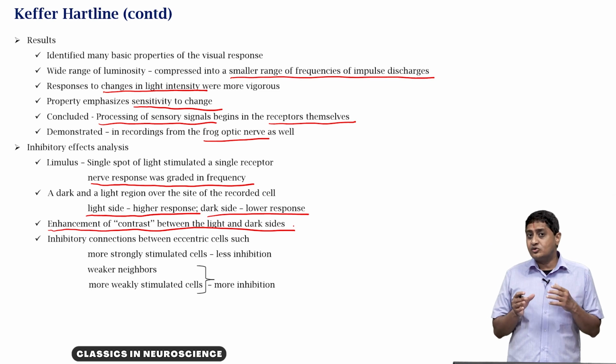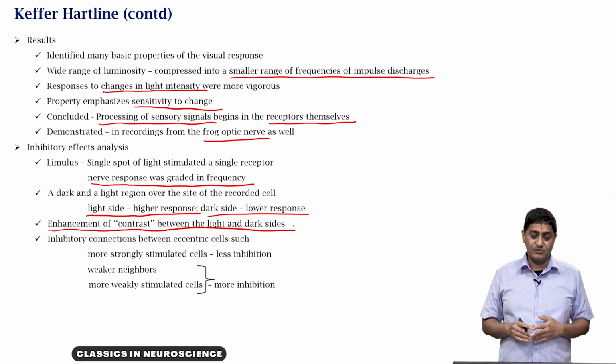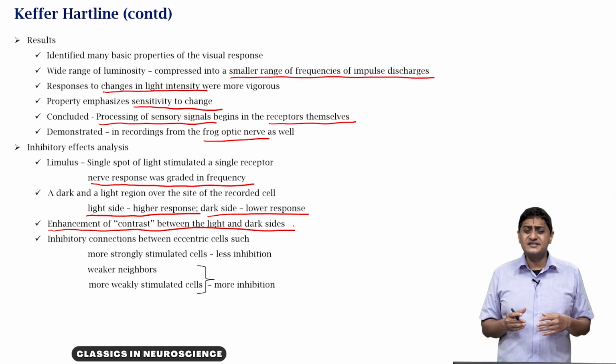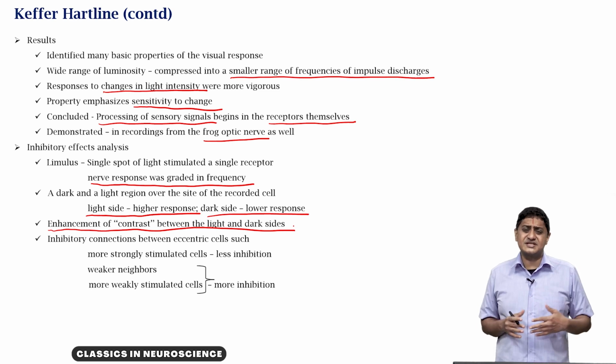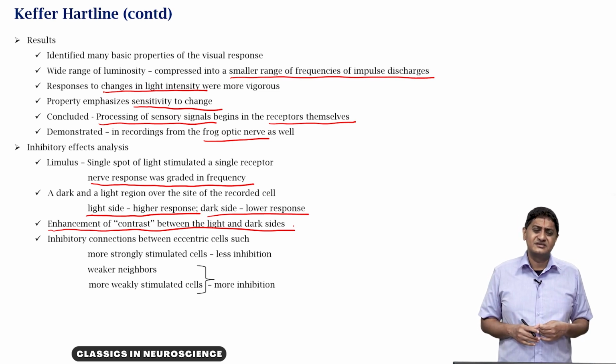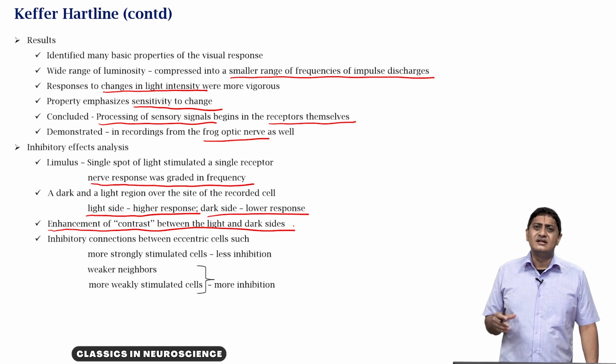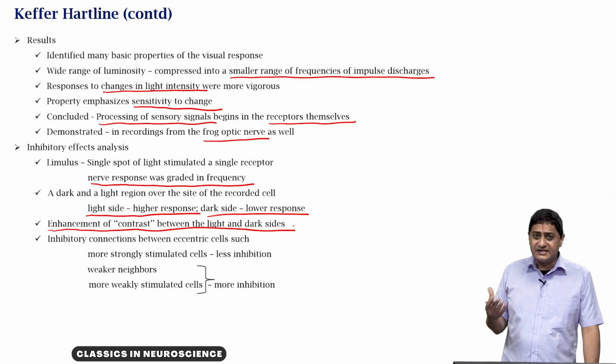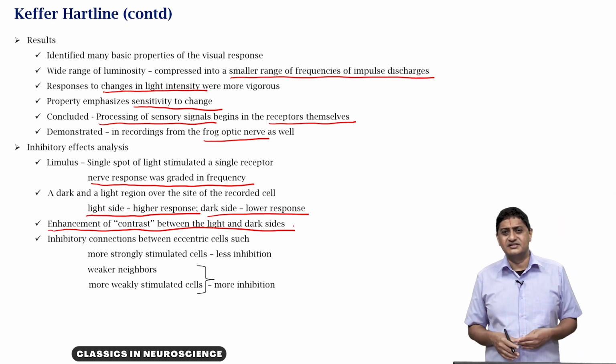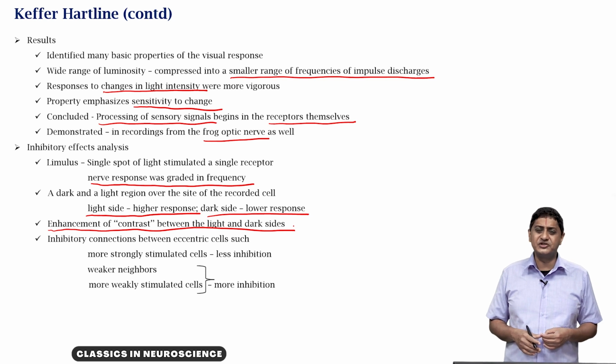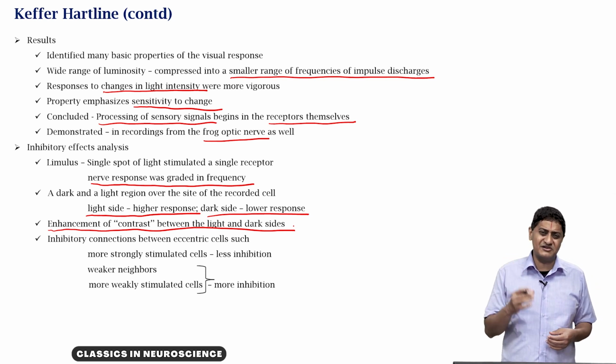So, there are two levels of processing. First is that changes in the intensity of the light cause more changes in response when compared with the presence or absence of the light itself. That means there is more sensitivity to change, suggesting a first line of processing.